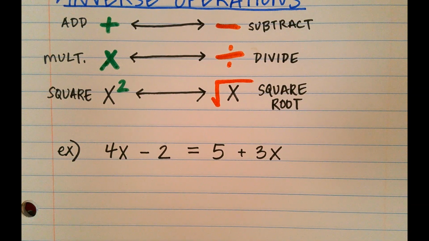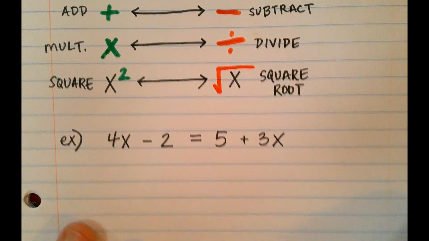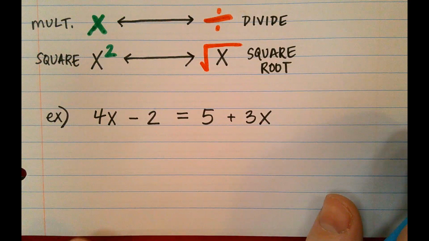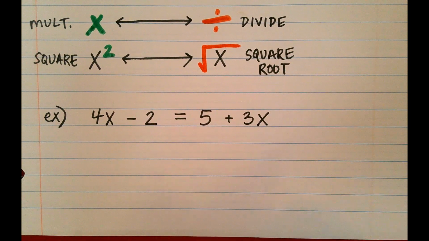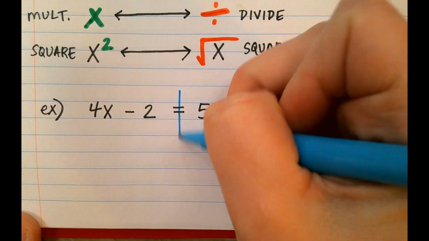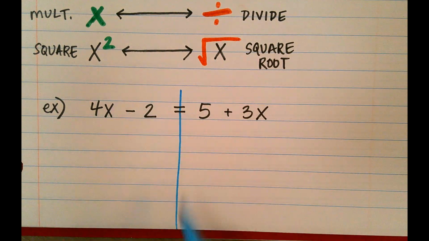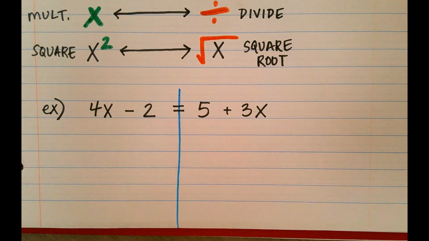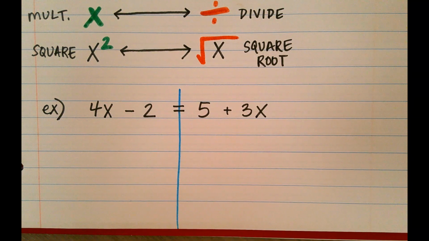If you have not had me as a teacher recently, something we've started doing, inspired by Diane, if you ever meet Diane, she's one of our students and she's pretty awesome, we like to draw a line through the middle of our equal sign because it makes such a difference in how organized you can make your work. And it really gets rid of some confusion, for me anyway, and for a lot of other students.